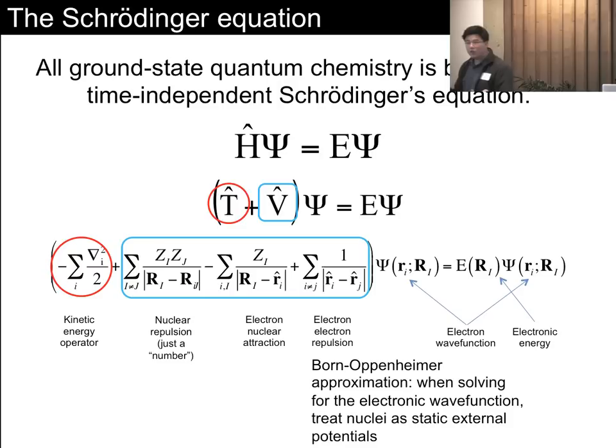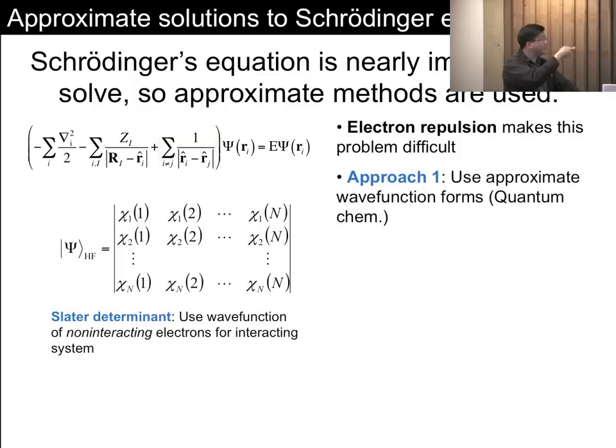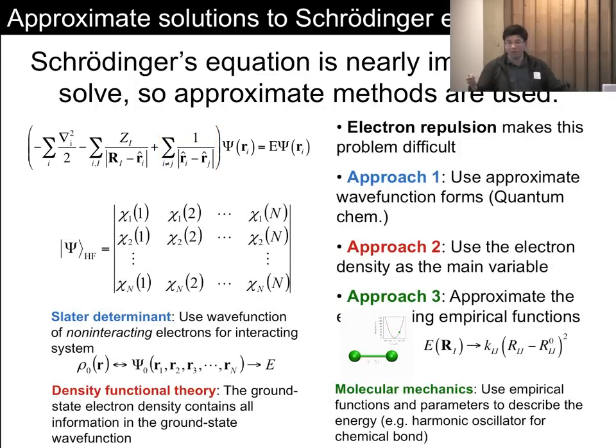Because Schrödinger's equation is nearly impossible to solve for any but the most trivial systems, we use approximate methods to get our approximate solutions. The thing that makes this problem difficult is the electron repulsion, which means we can't separate our differential equation in the usual way that we solve systems of differential equations.